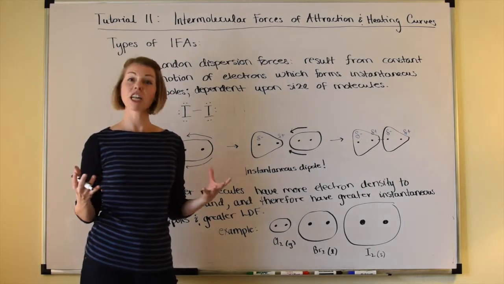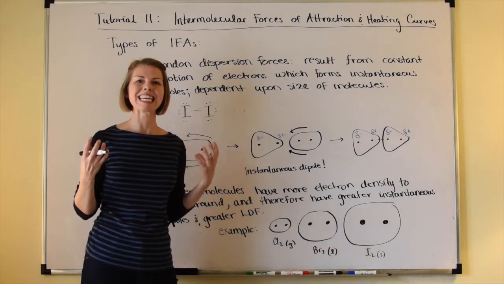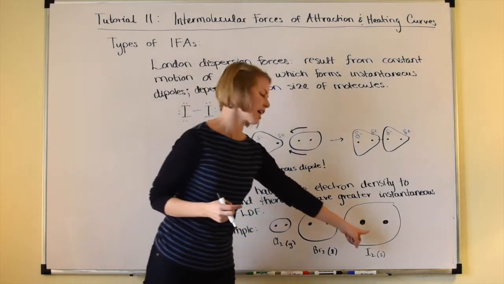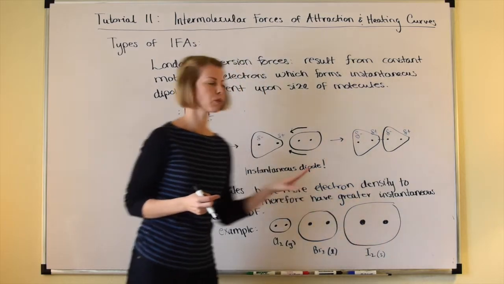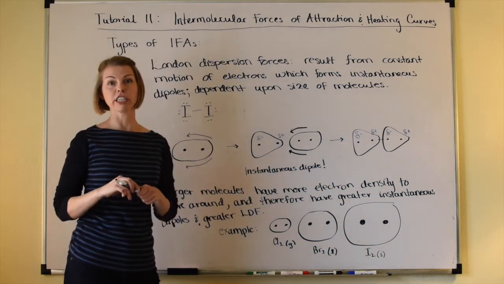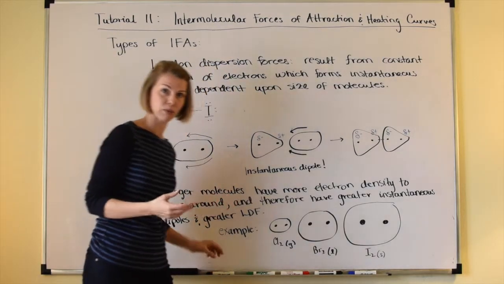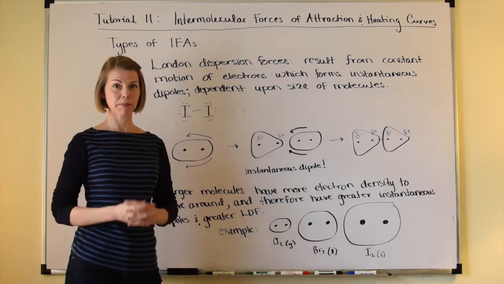So still just London dispersion forces of attraction, but they are much more significant for the iodine molecules. Okay, so that's what we mean when we say that the size is a factor here. The larger the molecules, the more electron density there is to push around, the greater the polarizability.